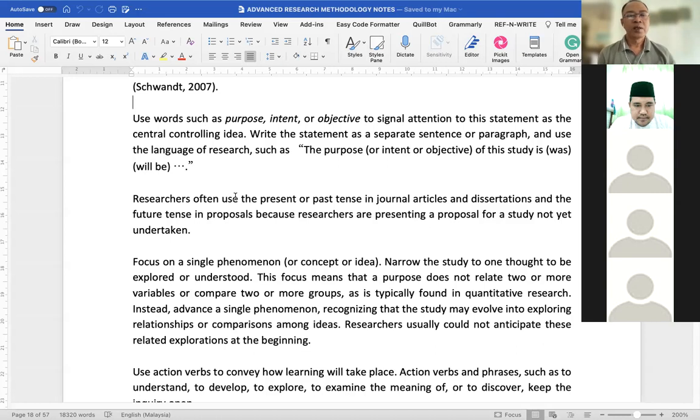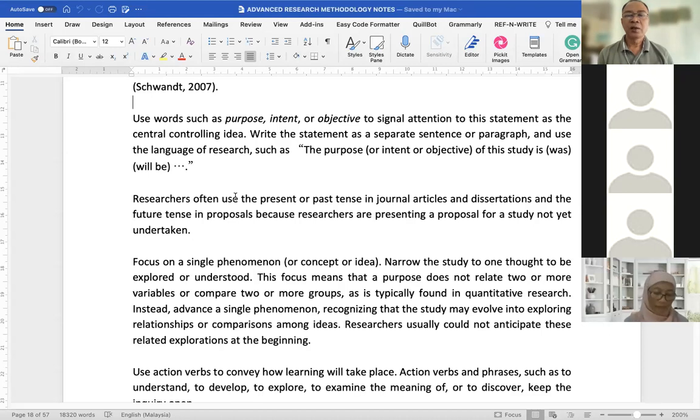So in qualitative research, researchers focus on a single phenomenon, a single concept or a single idea, and then narrow the study to one thought to be examined, explored, or understood. Narrowing the study means to focus, because we need to focus, otherwise we cannot finish.